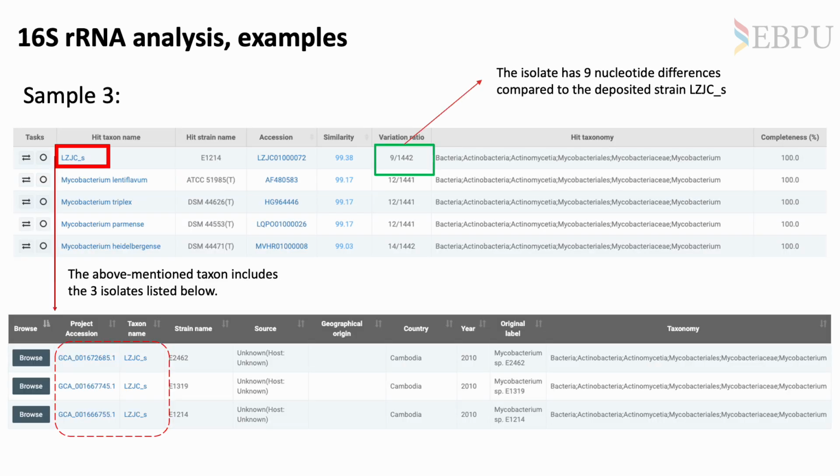This also applies to sample 3. Using the 16S rRNA, the most similar known species was these 3 samples deposited in Cambodia.